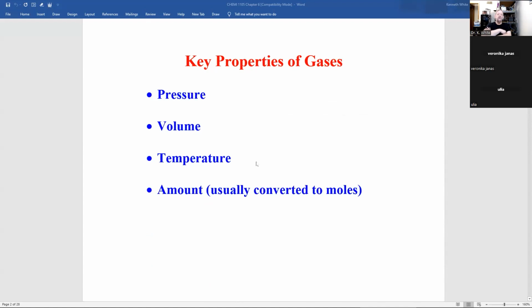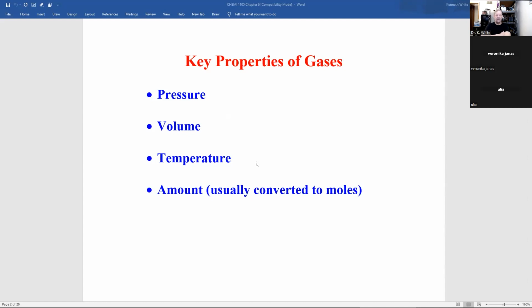Now, when you think about gases, their key physical properties, which chemists, and even you, a non-chemist, measure. One of those is pressure. Another one is volume, how much. Another one is temperature.